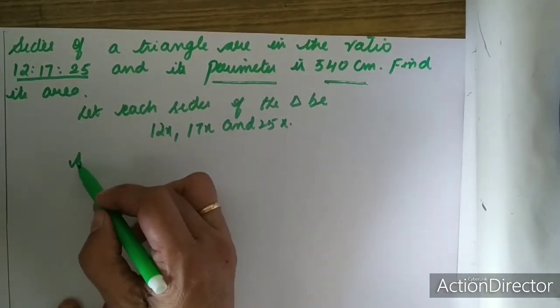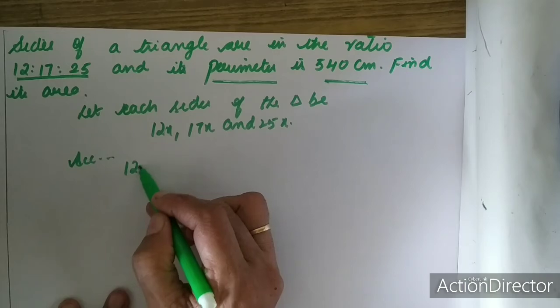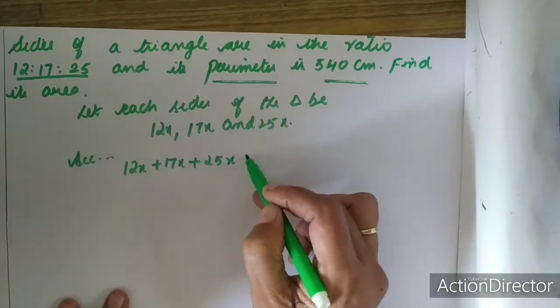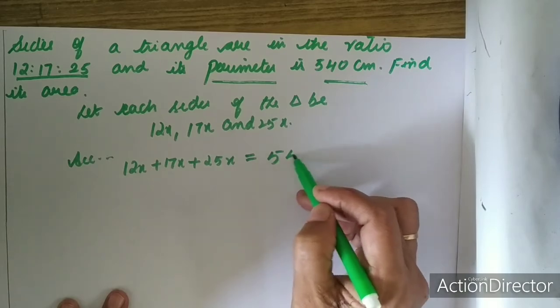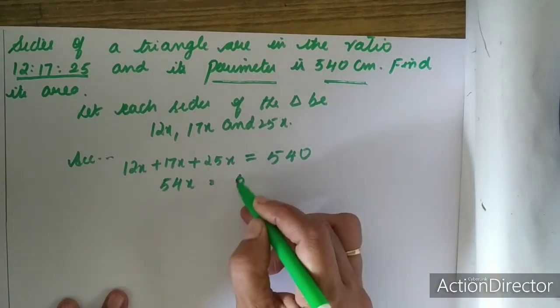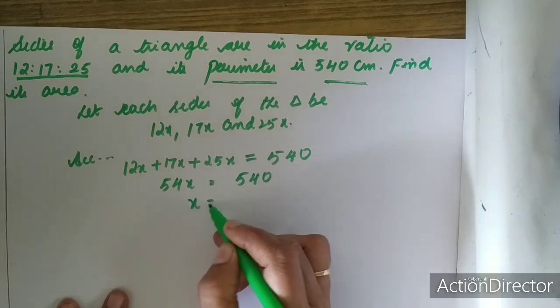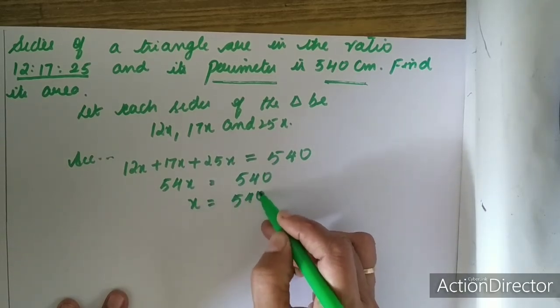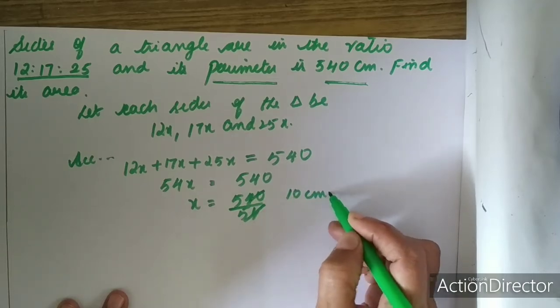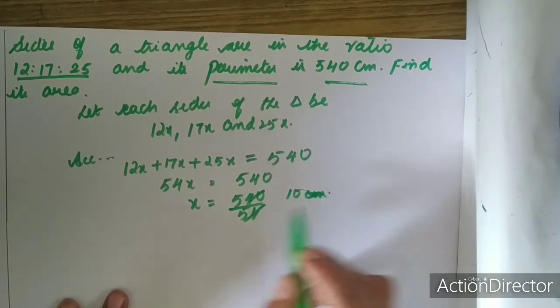So according to the condition, we know that 12x plus 17x plus 25x is equal to 540, or 54x is equal to 540, or x is equal to 540 upon 54, which is equal to 10. X is not in centimeter, it is 10.